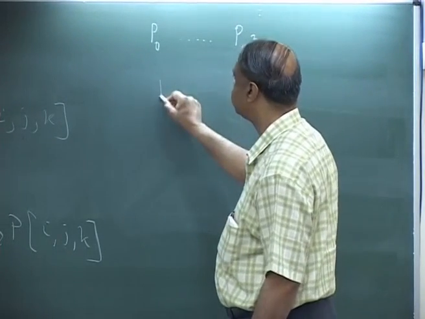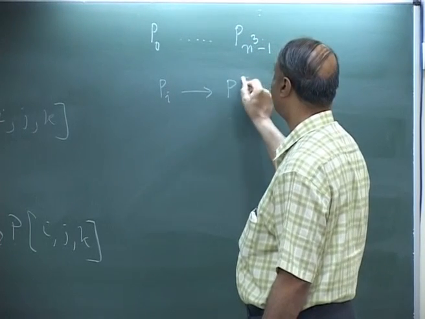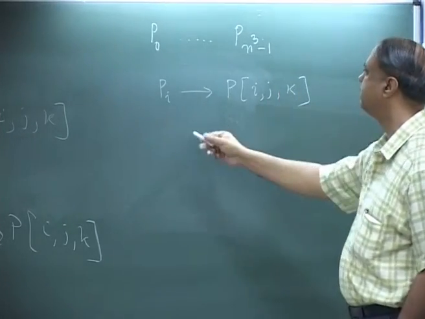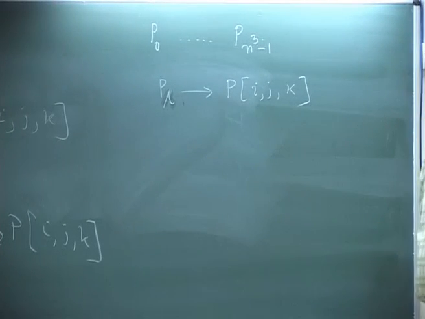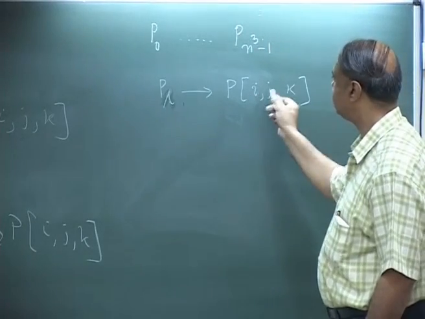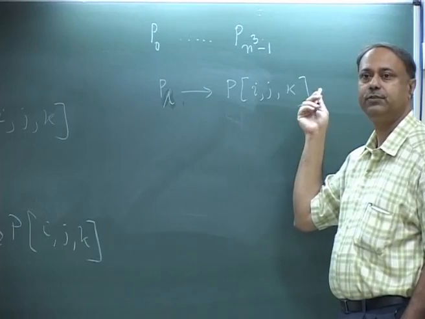Now this index Pi, you are writing in the form of Pijk. Instead of Pi, you put something else, Pl. Right? Now this index PL you are converting into this.